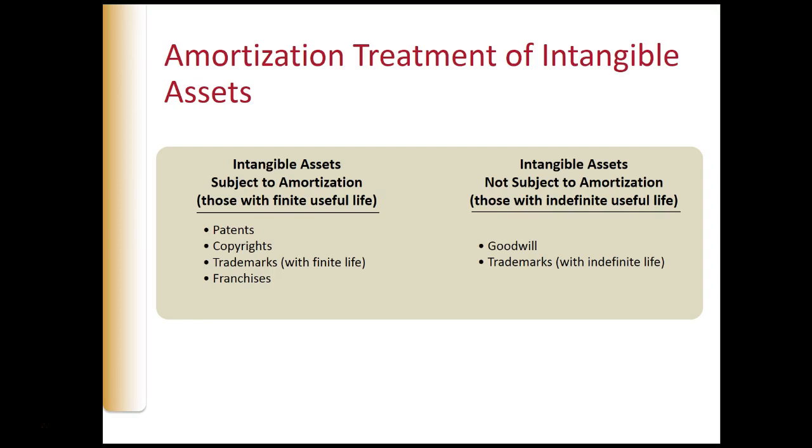Management must review long-term assets for a potential write-down when events or changes in circumstances indicate the asset's recoverable amount is less than its recorded amount in accounting records. The recoverable amount is the cash expected to be received from using the asset over its remaining useful life. All long-term assets are subject to these impairment rules.